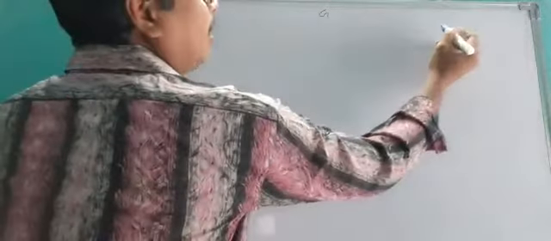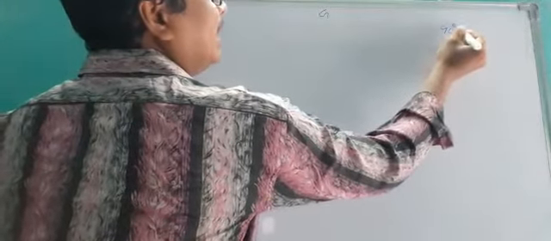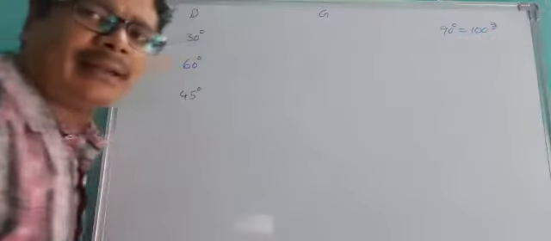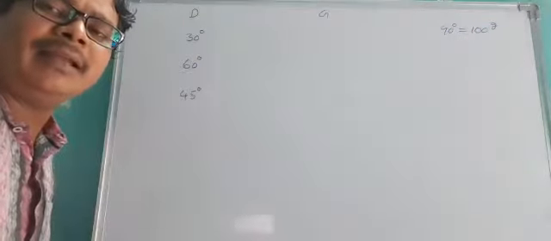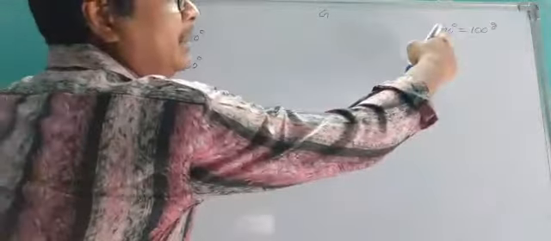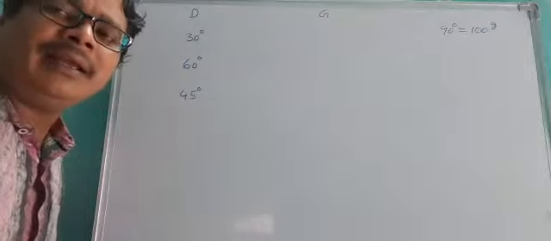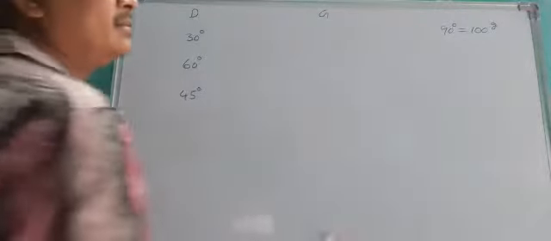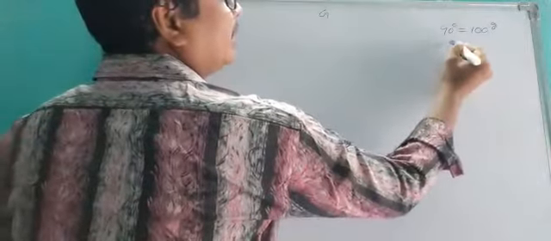So already you know 90 degrees equal to how many grades? 100 grades. That means a right angle can be divided into 90 parts, degrees, or 100 parts, that is grades. That means right angle equal to 100 grades. Now we have to find out 1 degree.